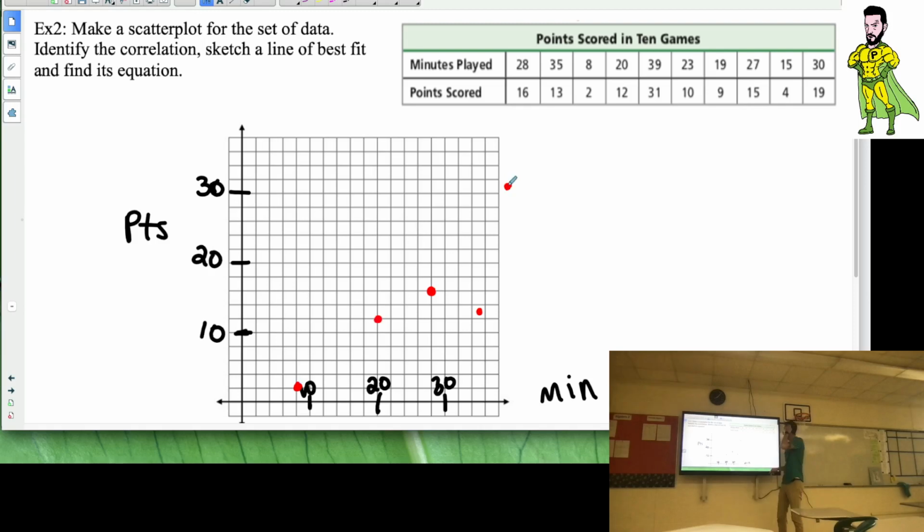We have 23, 10, 22, 23, 2, 4, 6, 8, 10. 19, 9, 19, 2, 4, 6, 8, 9, right there-ish. 27, 15, 2, 4, 6, 8, 10, 12, 14, 15.